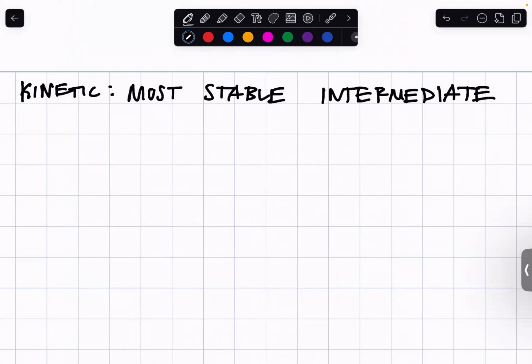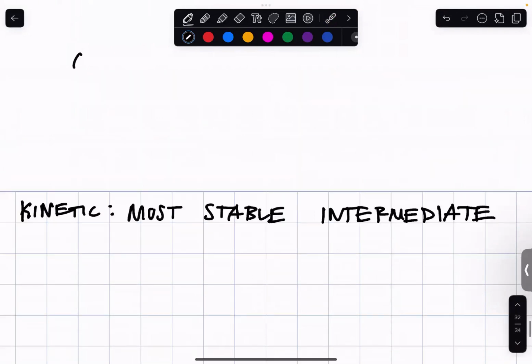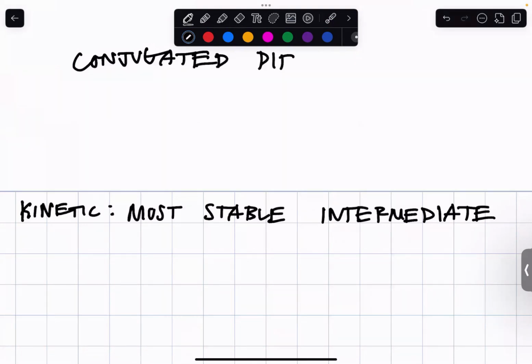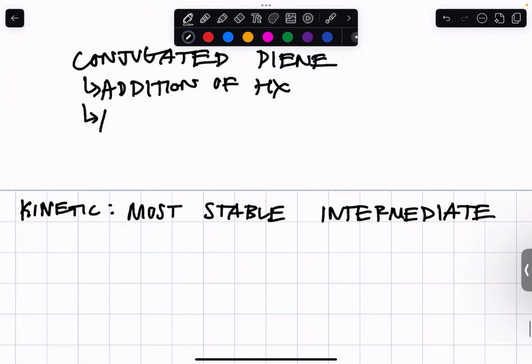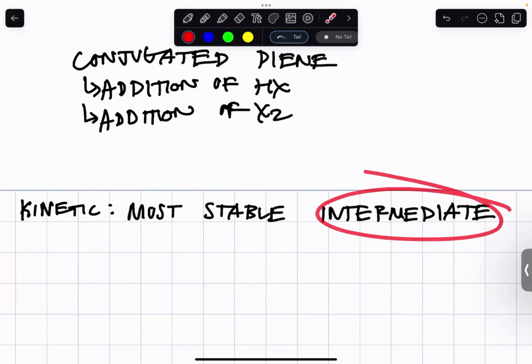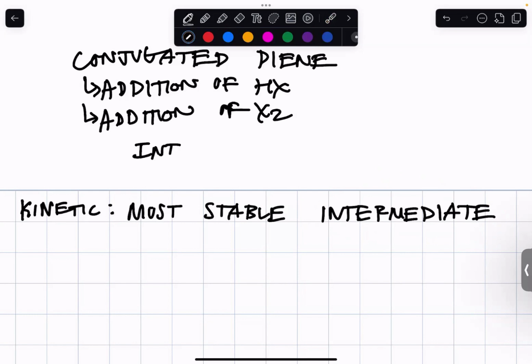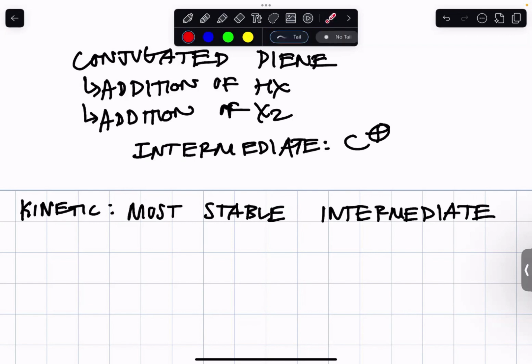But in this specific set of reactions, where you are being tested on conjugated diene addition of HX and addition of X2, the intermediate is going to be a carbocation. With the NBS example that we worked with earlier, the intermediate was a radical.